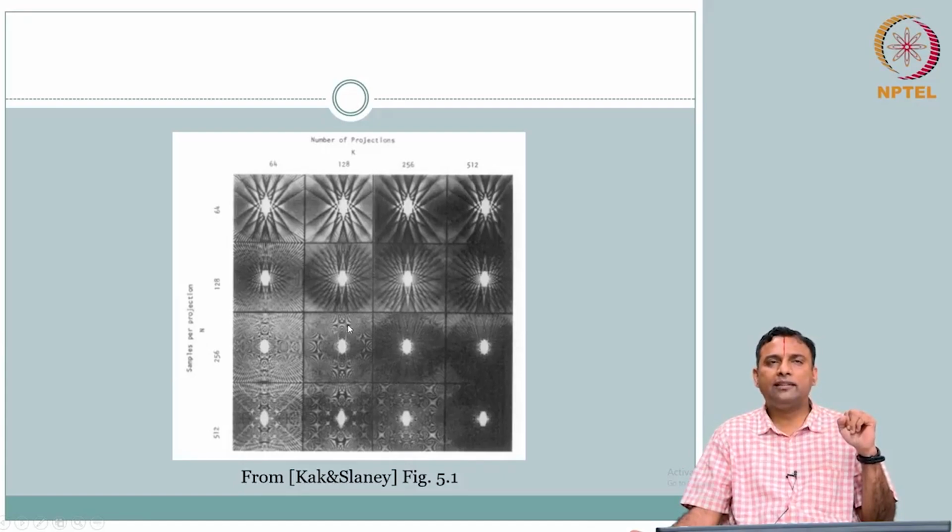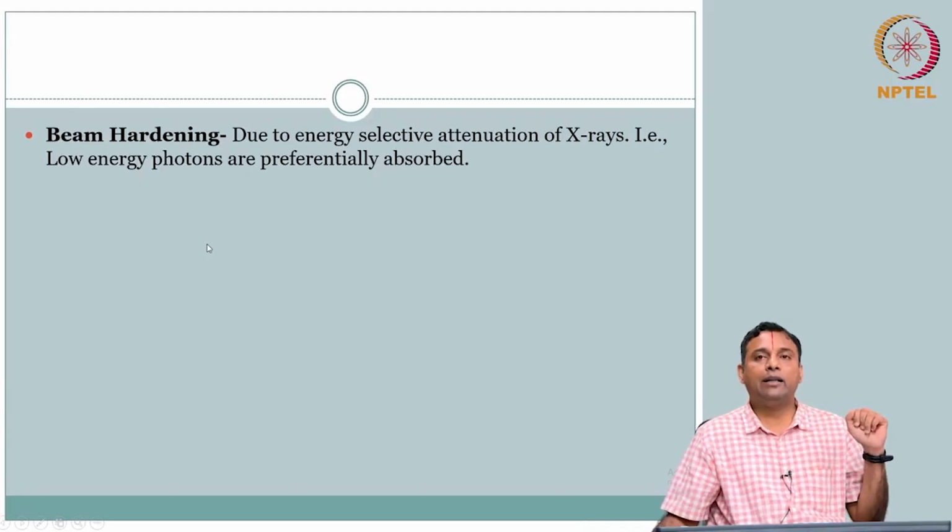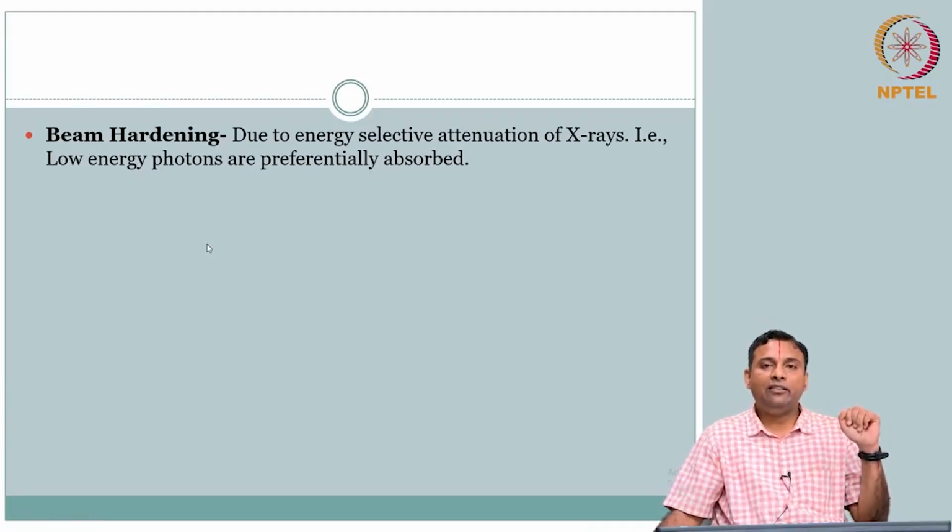Then what are the other things that we talked about before? This was streak artifact due to sampling, that is one effect. What is the other effect? In our reconstruction we assumed something about the energy: we used monoenergetic. When we sent energy in, we already said that, unlike projection imaging, in CT we are going to use a hardened beam. What did we mean by beam hardening?